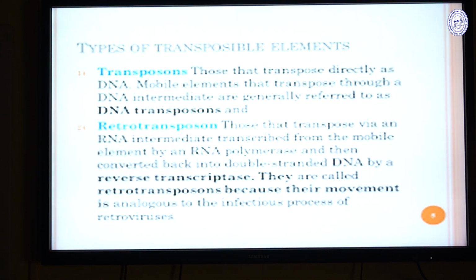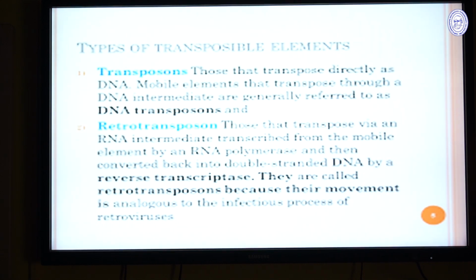The retrotransposons are those that transpose via an RNA intermediate that is transcribed from a mobile element by an RNA polymerase and then converted back into a double-stranded DNA by a reverse transcriptase. As we all know, this is the mechanism in which a retrovirus replicates itself.